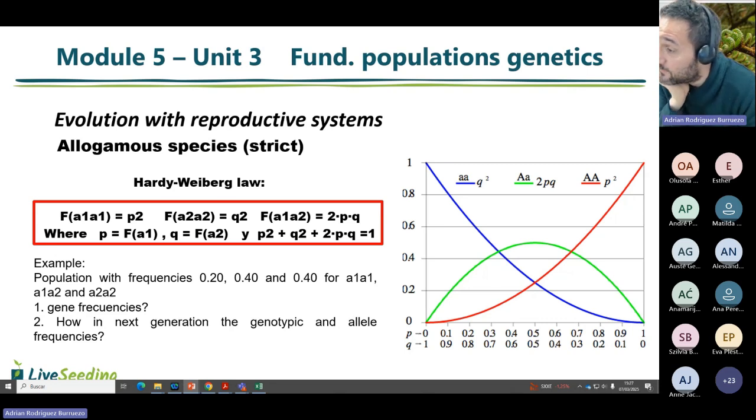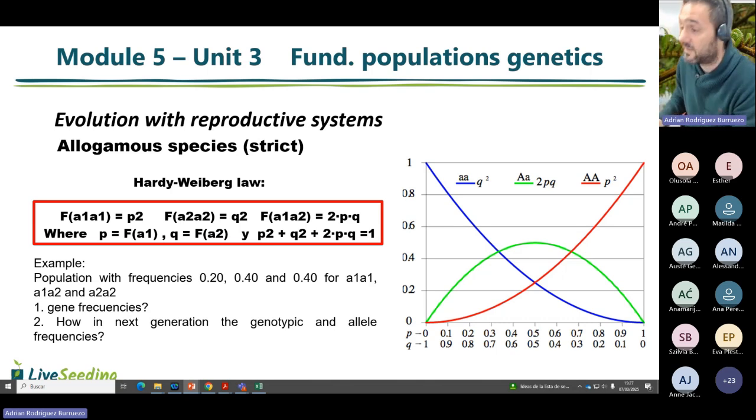Okay, so the gene frequencies can be estimated directly: the frequency of A1, or P, is the total frequency of A1A1, which is 0.2, and half of the frequency of A1A2, which is half of 0.4. Therefore, the frequency of A1, or letter P, here would be 0.4.